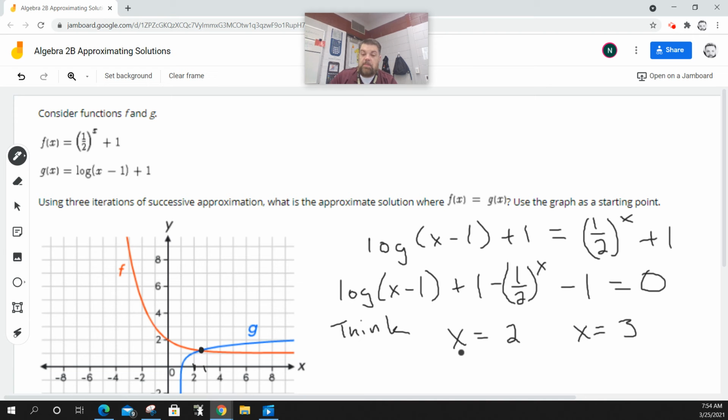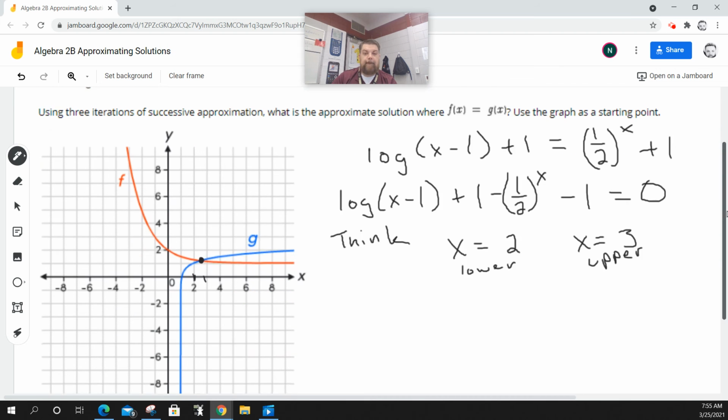Now we call this the lower boundary, and we call this the upper boundary. And so what we're going to do is come in closer and closer to this boundary to see what makes this equal 0.